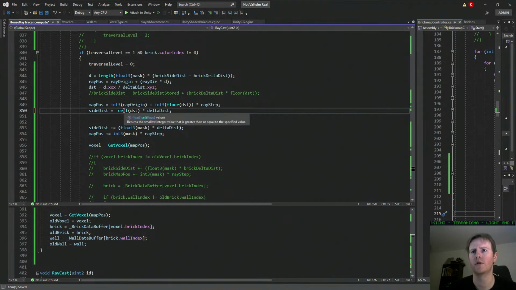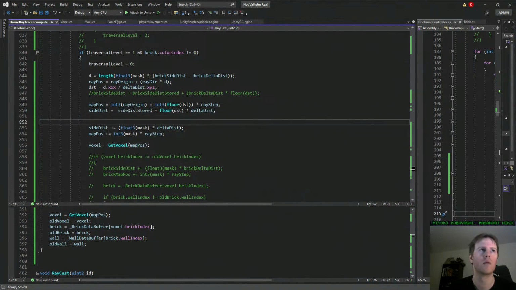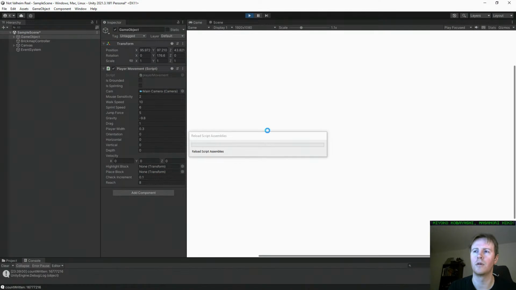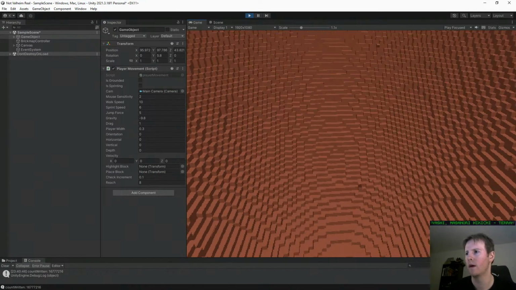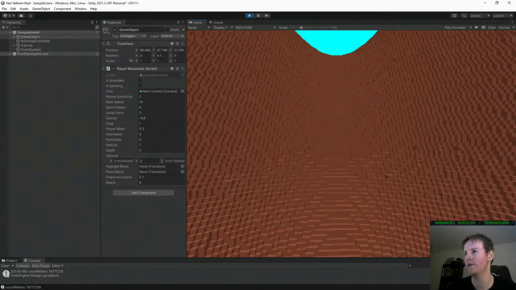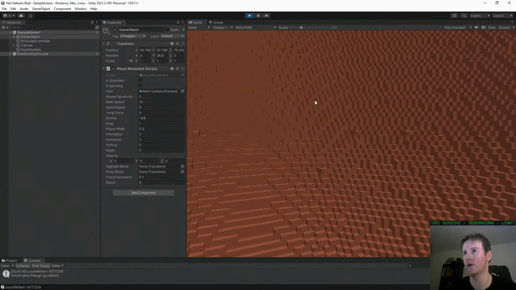The floor approach begs that we add side dist stored, otherwise it won't work. But that also feels weird. And now we're basically back where we started. We have glitches and stuff.